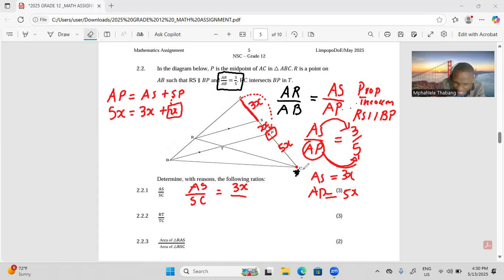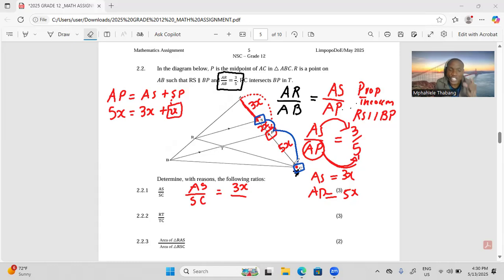So SC, this is a line segment addition postulate, guys. Don't forget this. Line segment addition postulate. So we are saying the distance from S to C is actually the sum of SP plus PC.